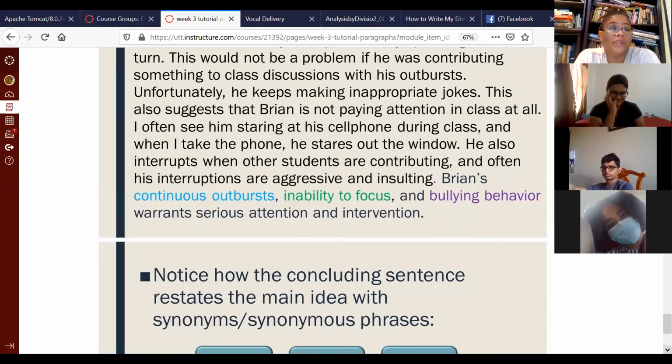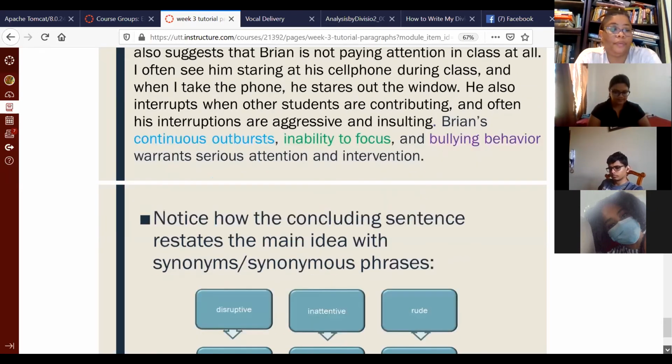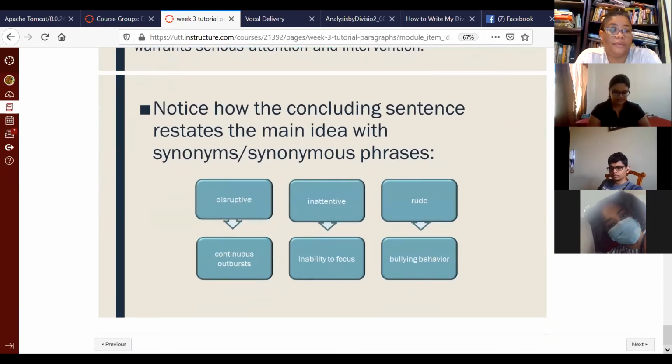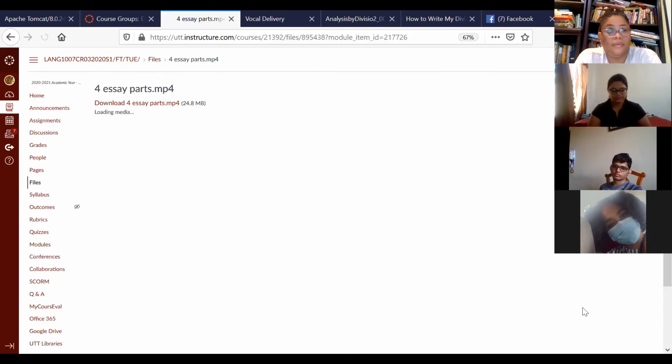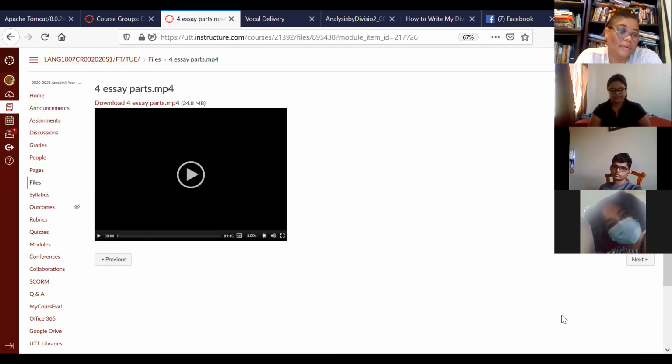So here I have both summed up what I mean by being disruptive, inattentive, and rude. And I'm also suggesting that in the next paragraph, we will talk about intervention. How do we correct this behavior? Right.